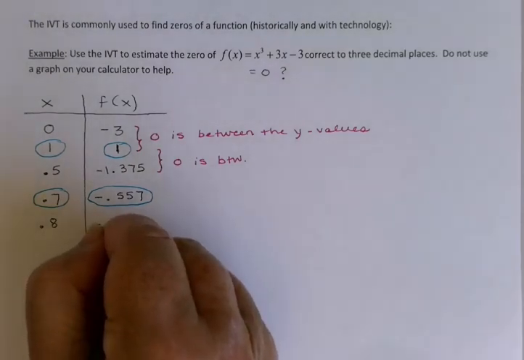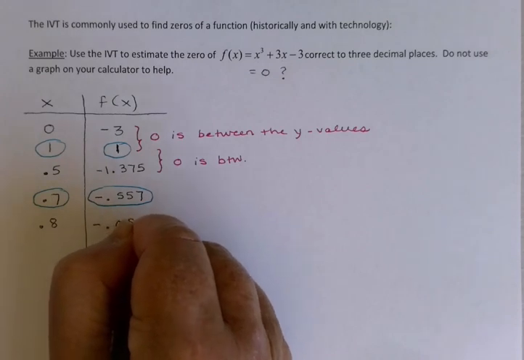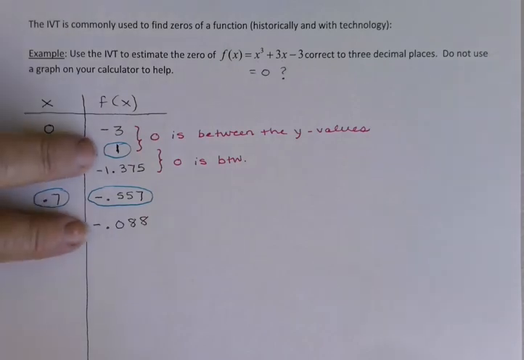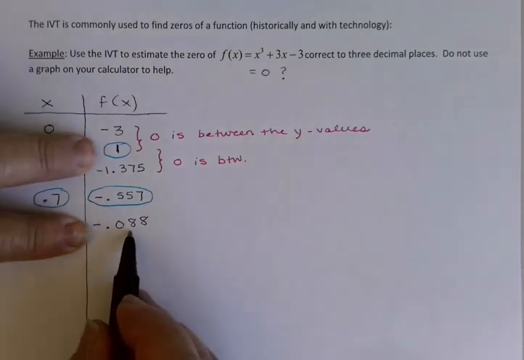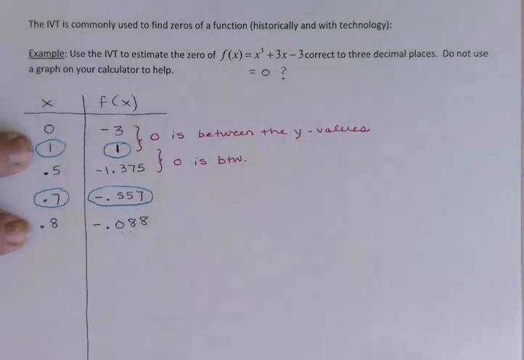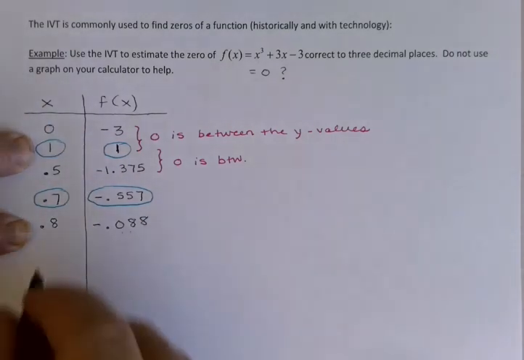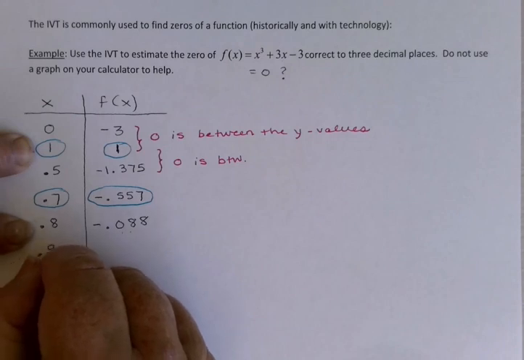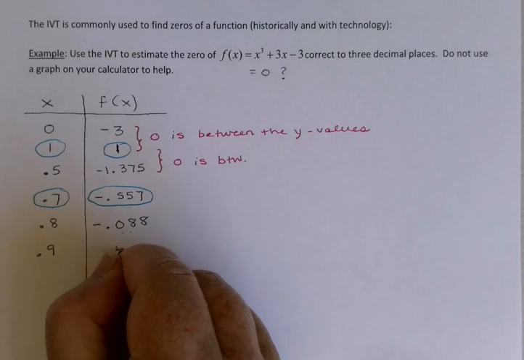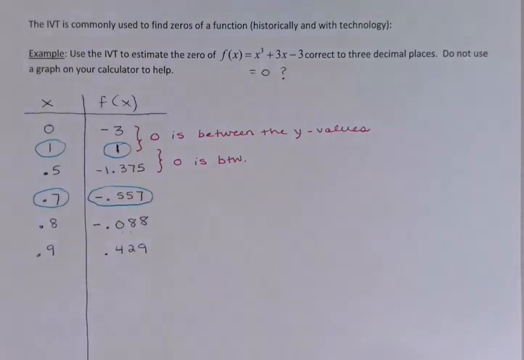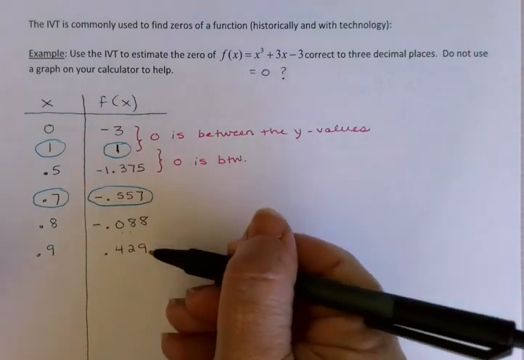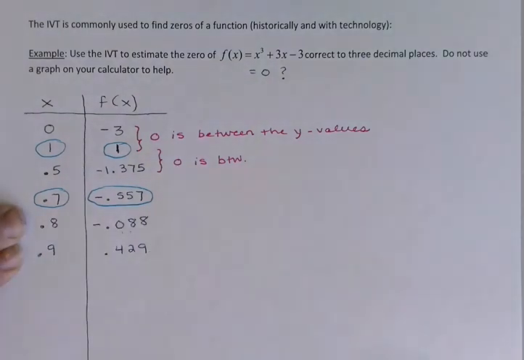Plugging that in, just using my calculator, I got negative 0.088. So my 0 now lies between here and here, so I'm going to go between 0.8 and 1. Let's try 0.9. I got positive 0.429. The 0 is between here, so pick something between 0.8 and 0.9.